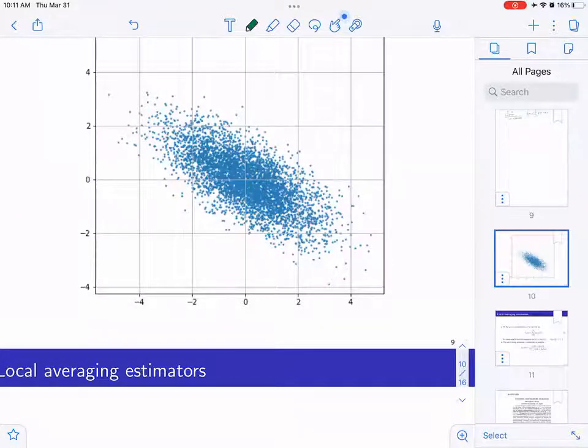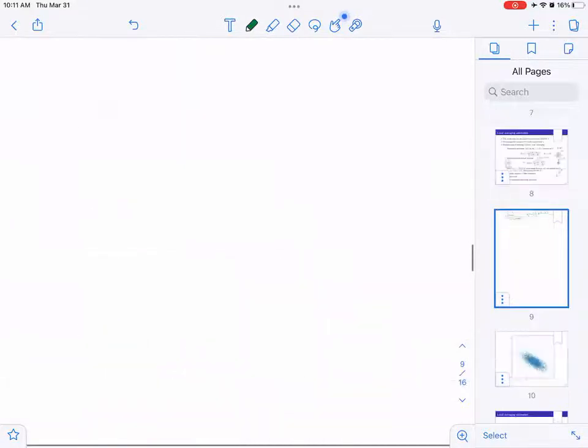So instead of averaging, which is fitting a constant, I would try to fit a linear function or a quadratic function. And you can also imagine coupling that with the kernel idea. So you would fit a polynomial, but you weight your data points with that kernel.